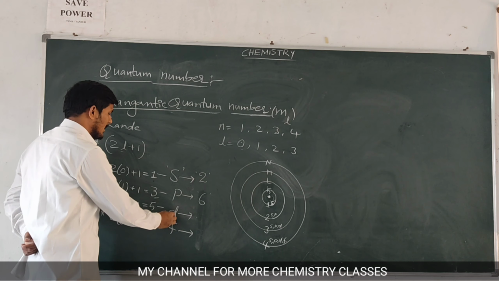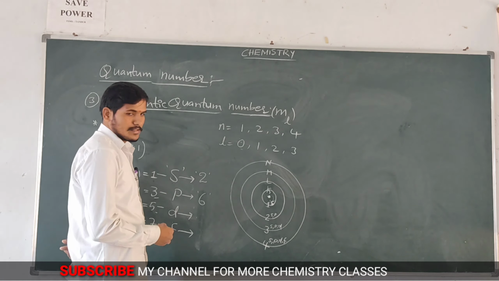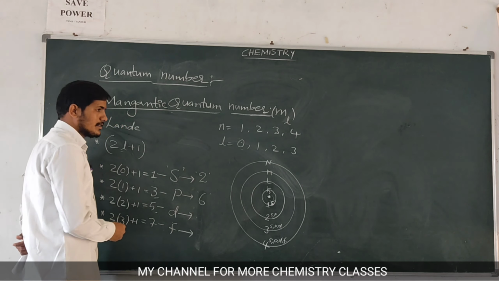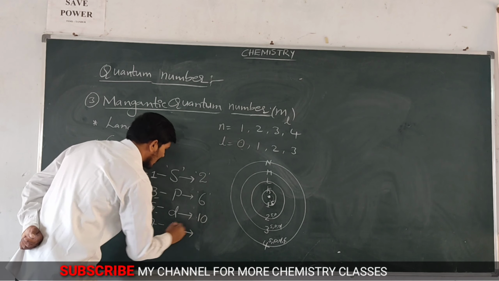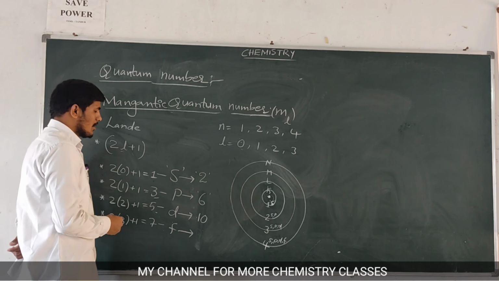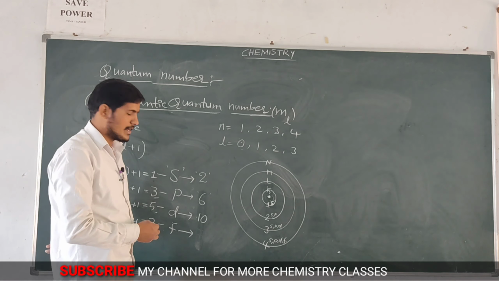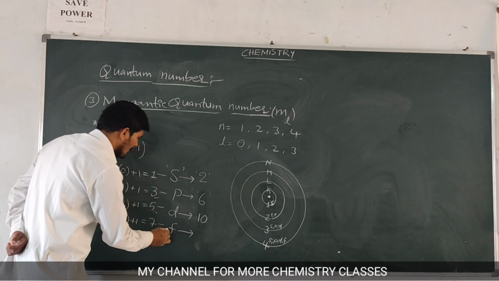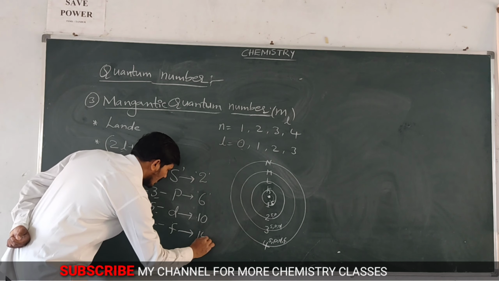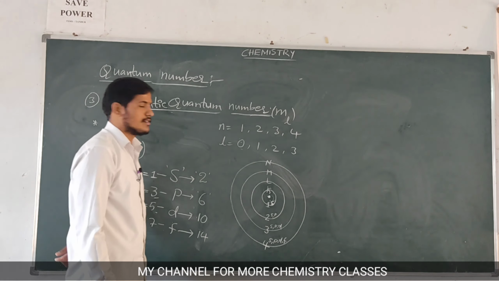Next, D has 5 orbitals, and it will give 10 electrons. Each orbital accommodates 2 electrons, so 5 times 2 is 10. F has 7 orbitals, so it will give an accommodation of 14 electrons.